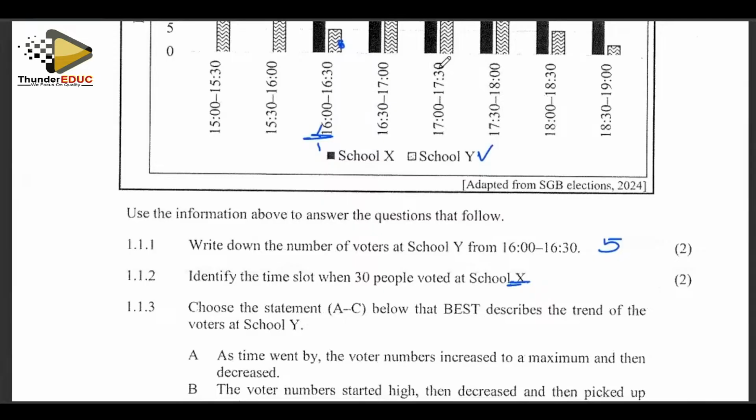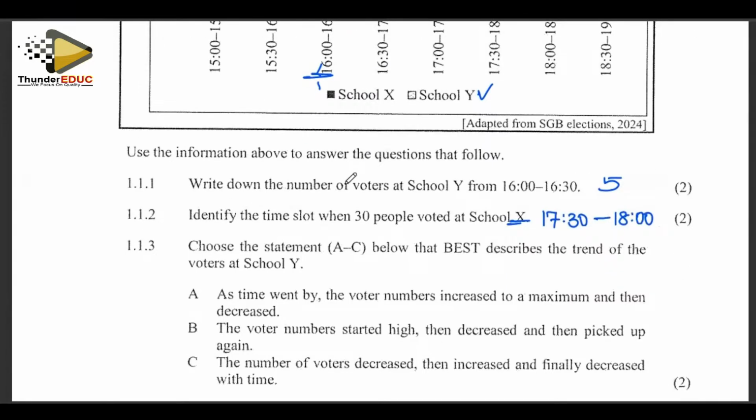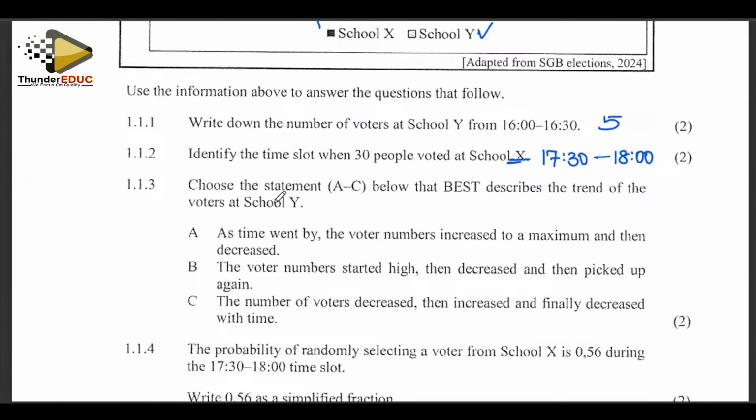It was 17:30 to 18. Okay, there we go. Choose the statement A to C below that best describes the trend of voters.